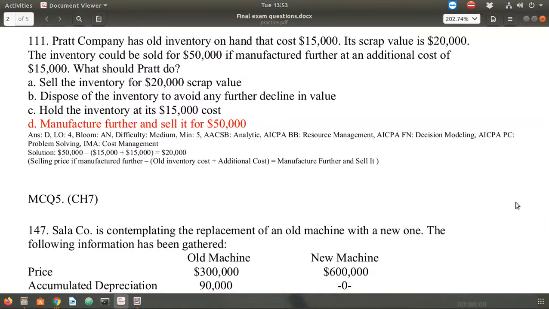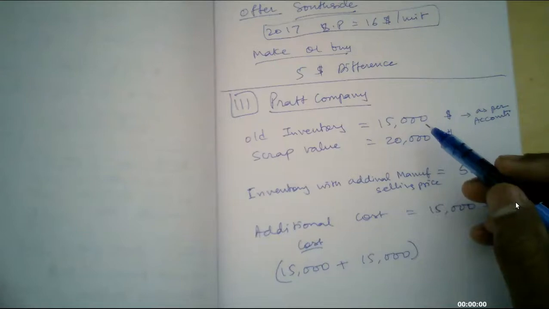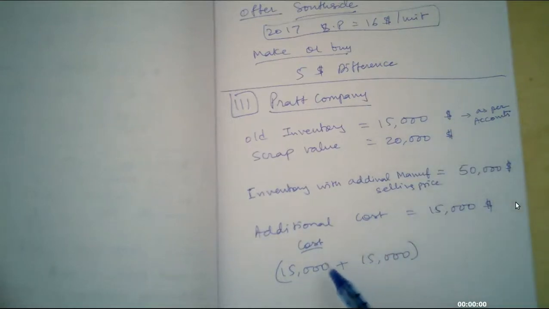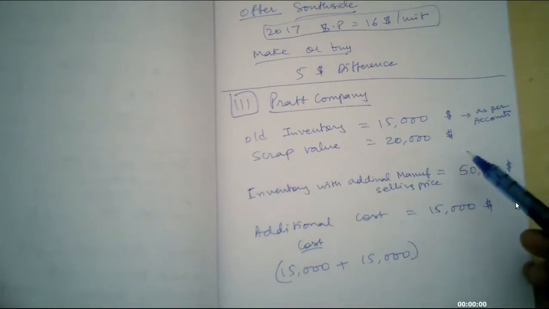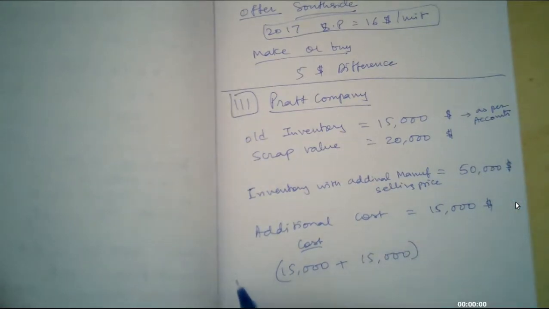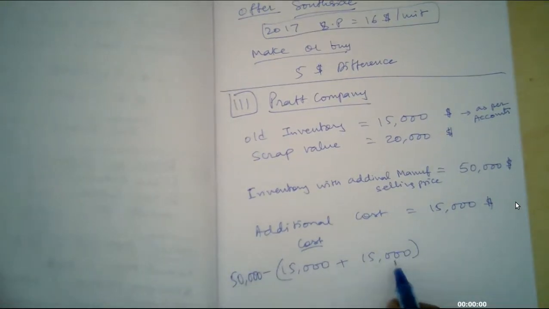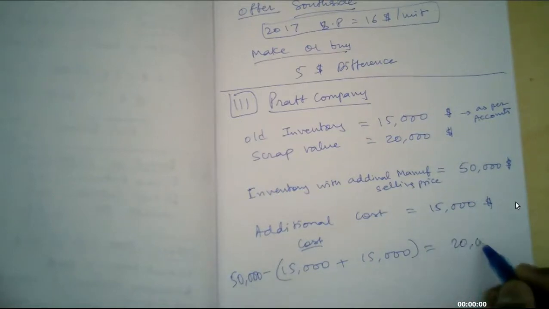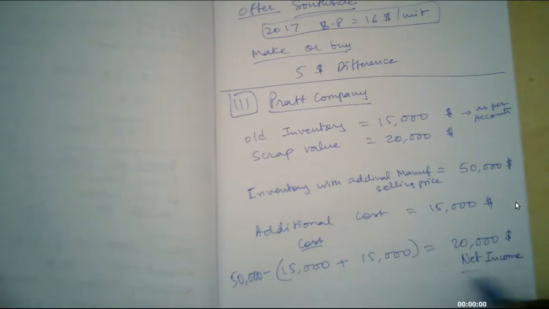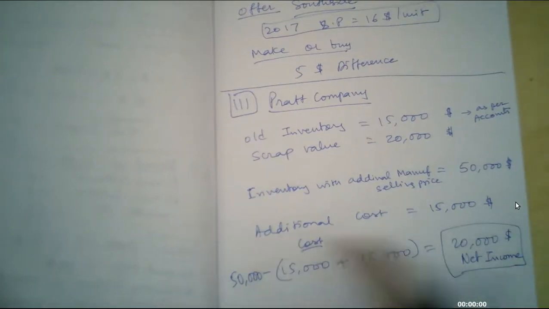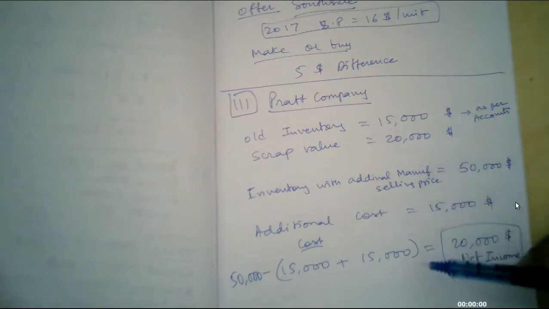So your costs are these two: $15,000 for your inventory and $15,000 for your additional cost. But then what is the revenue you are getting? $50,000. So the net profit will be 50,000 minus this 15 plus 15, which is 30. So you'll get $20,000 of net income if you do this option, that is additional manufacturing and selling.